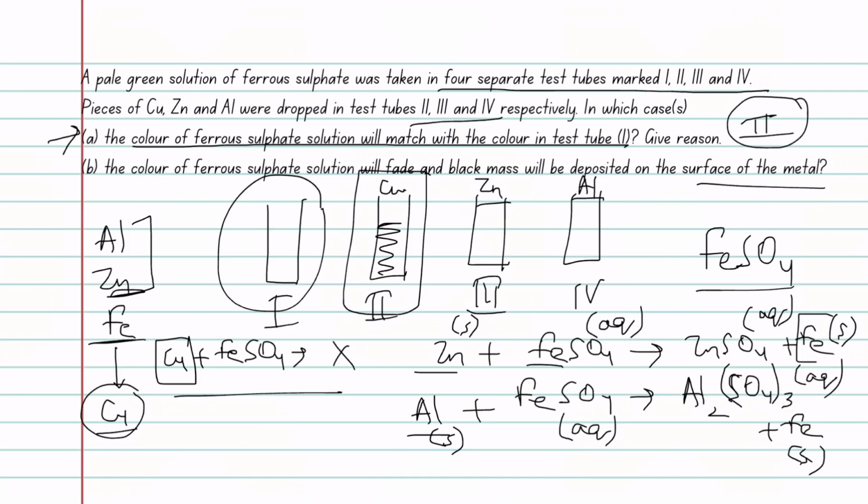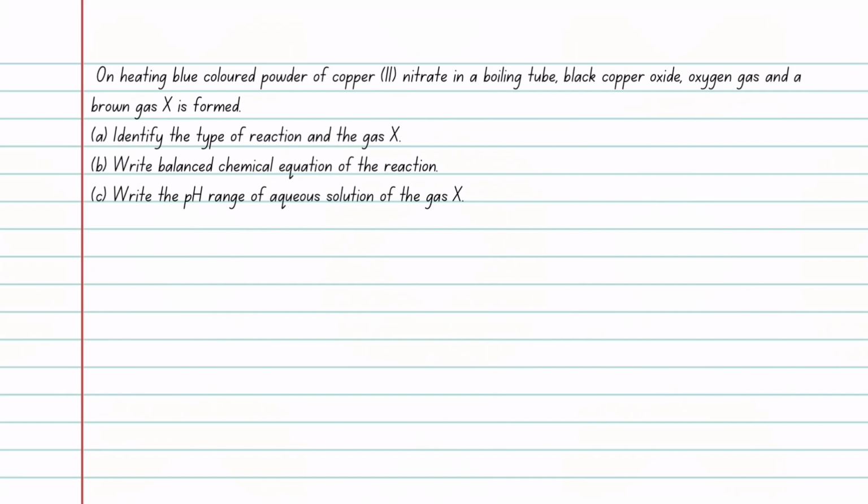And iron would be deposited in both cases. So in cases 3 and 4, the color of ferrous sulfate solution would fade and black mass, which is basically iron, would be deposited on the surface of metal. All right. Okay, let's move on to the next question.